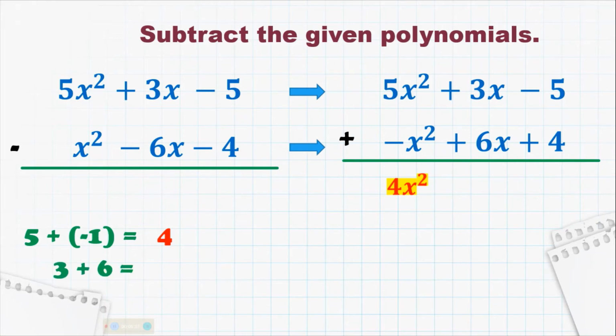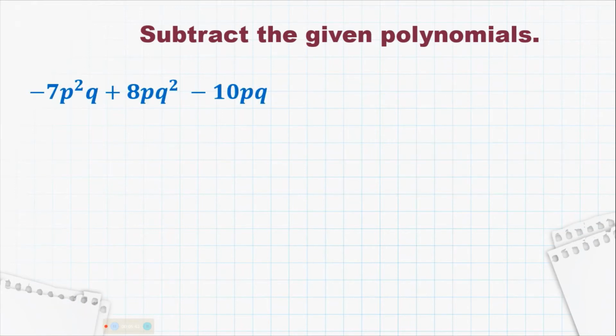Then 3 plus 6, that is 9. So magiging positive 9x. And then negative 5 plus 4, that is negative 1. So negative 1.